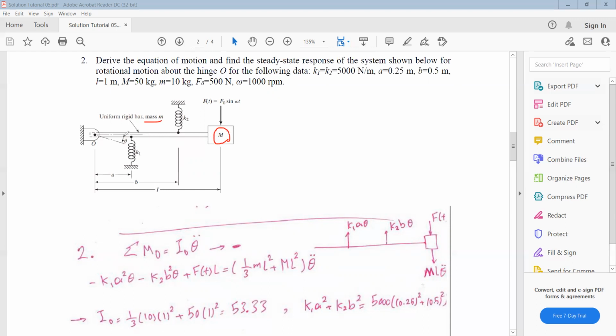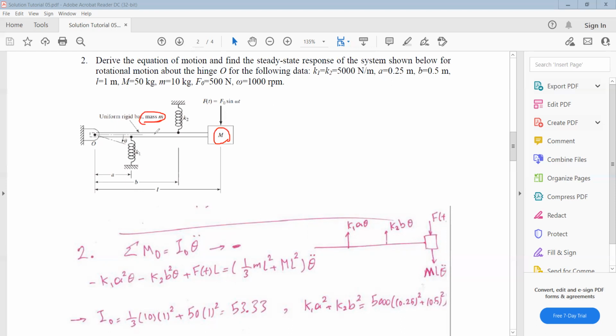Sometimes in the problems we can neglect the weight of this bar, but here we consider the mass for this bar. So when you write the moment equation using Newton's second law, on the right hand side, when you have the mass moment of inertia, you should consider two masses.